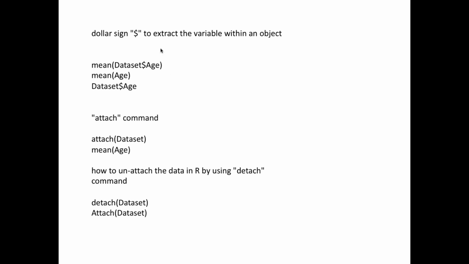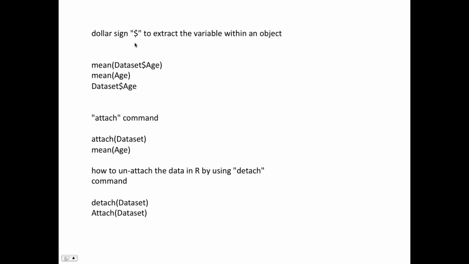When I do that, it will give me the output. But when I say directly give me the mean of this age column, it will not give me because I have not attached my data set and it is not sitting in my R memory. So I have to go on mentioning the name of the data set and the column that I require.